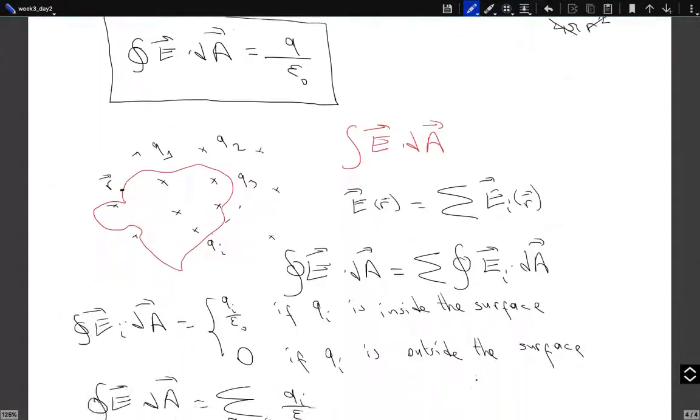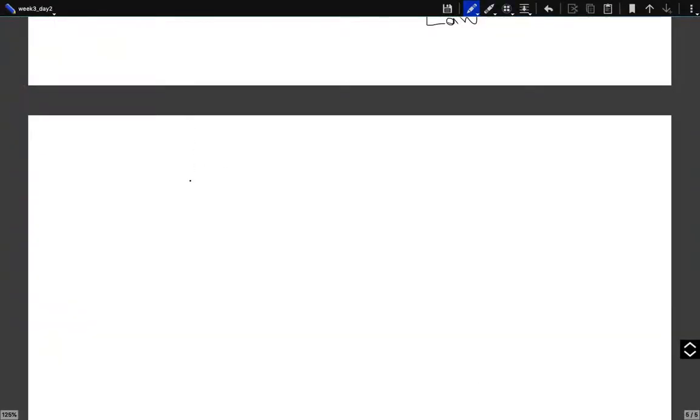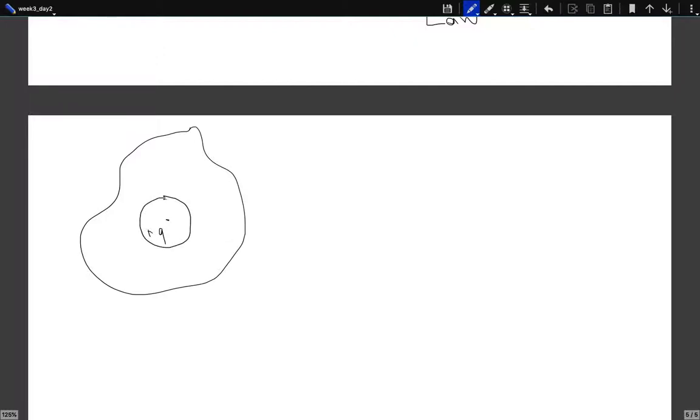Another reasoning you can have: now let me look at an arbitrary shape. This is my plus Q charge. And then let me imagine a sphere inside. I have this arbitrary shape, and there is a sphere inside.